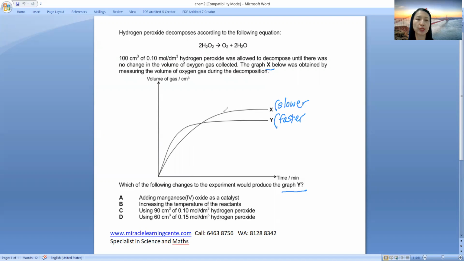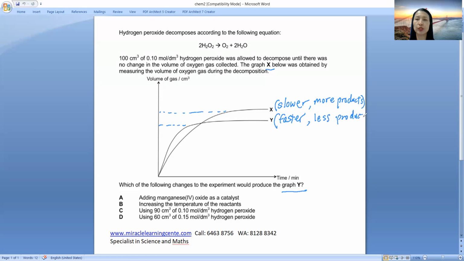X produces more products because it's higher up. Y produces less products. So X is actually slower, but it produces more products. Y is faster, but it produces less products.